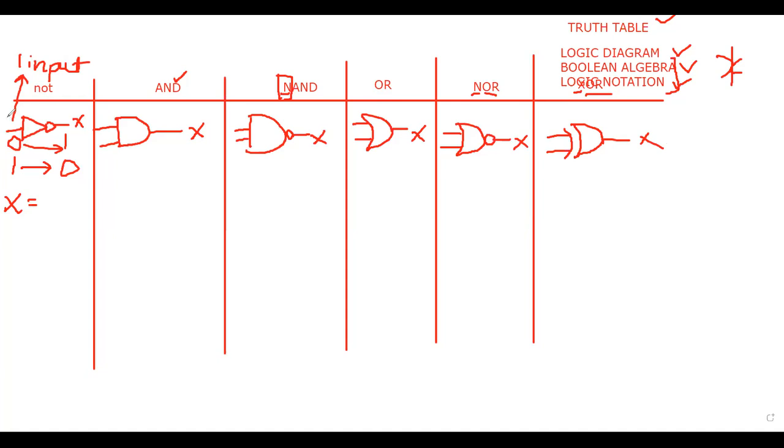All the inputs would be given some letters starting from A. So this input is basically named A. This is A and B, and same with the rest of the gates. So that it would be easier for us to identify the logic notation and the Boolean algebra.